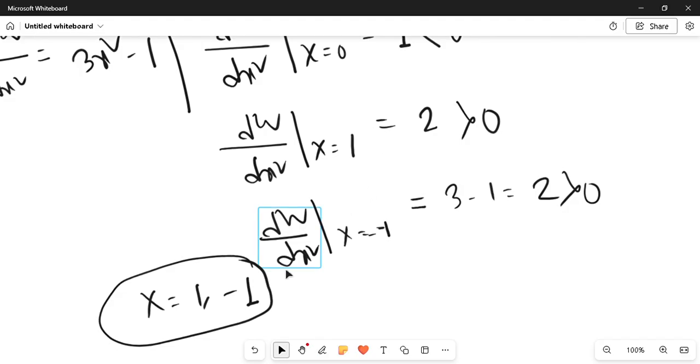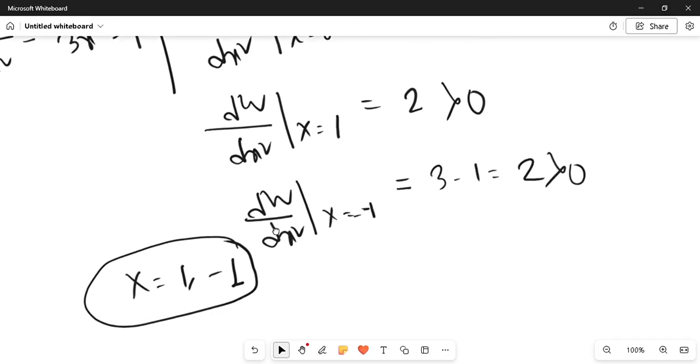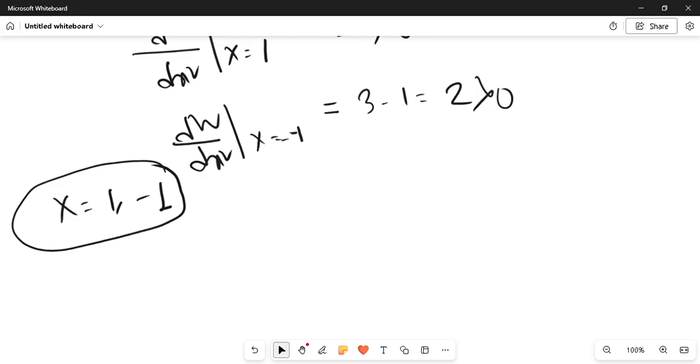At x equal to 1 and x equal to minus 1, the second derivative of V with respect to x is greater than 0. At these stable equilibrium points, we can find the minimum potential energy. The potential energy equation is x to the power 4 by 4 minus x square by 2.